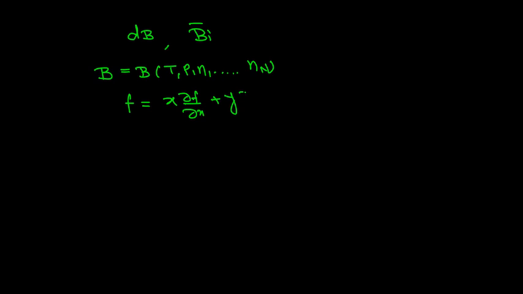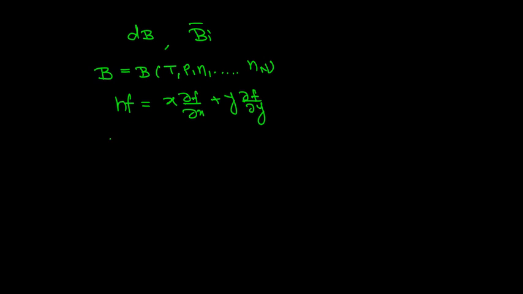Okay, now I can do an Euler's integration to find the relationship between B and Bi bars. My original expression was B as a function of T, P, N1 to capital N. And if I remember Euler's integration, it is simply f equals x del f by del x plus y del f by del y, and in general this holds for a function of order of dependence h.